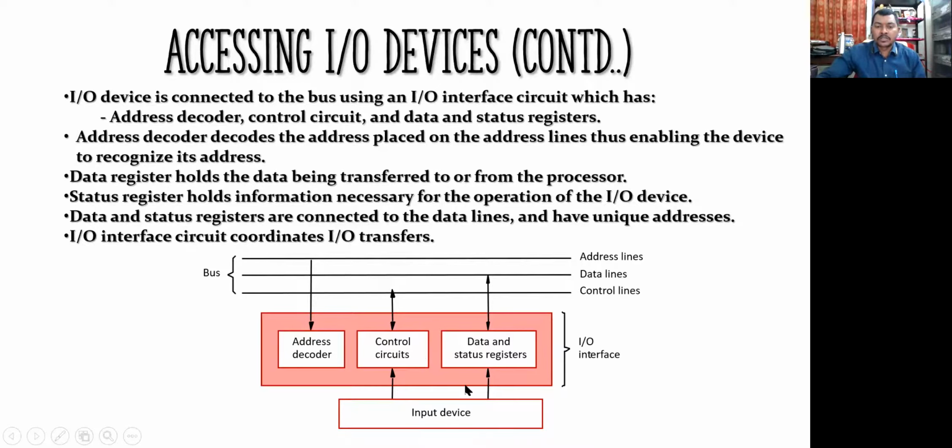That is being controlled by the control circuit. The data and status registers are just going to store the data that is to be transferred, whereas the status register is going to control the operation of input output devices. So whether the data is to be read from the input output devices, or written to the input output devices, that care is taken by the data and status registers.